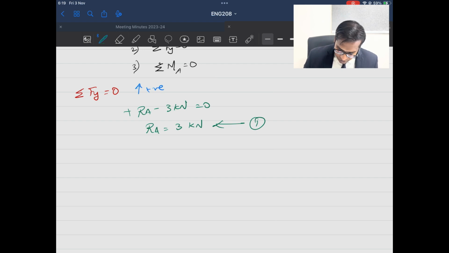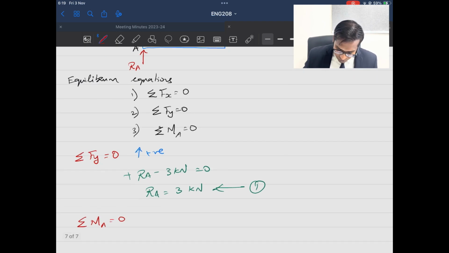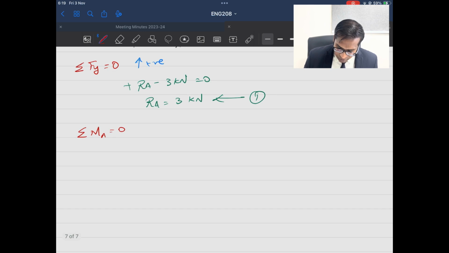Now I apply the second equilibrium equation, summation of moments at any point equal to 0. I consider point A and I am considering anti-clockwise as positive.